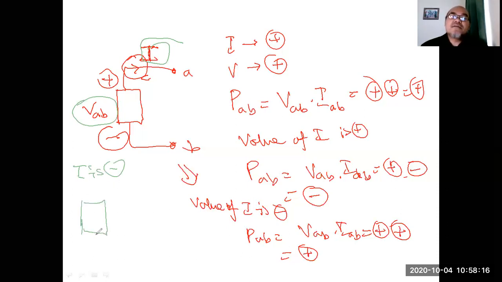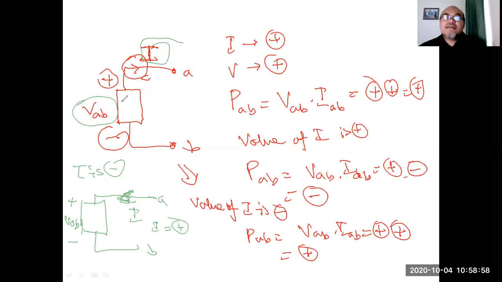The current here is I, and the polarity is the usual VAB, A and B. Now the current value becomes positive because you have changed the arrow direction to the left. Previously it was to the right, but the value of I was negative. If you don't like the negative value, you change the current to be positive, but then you have to change the direction of the arrow. You cannot change both. Be careful.